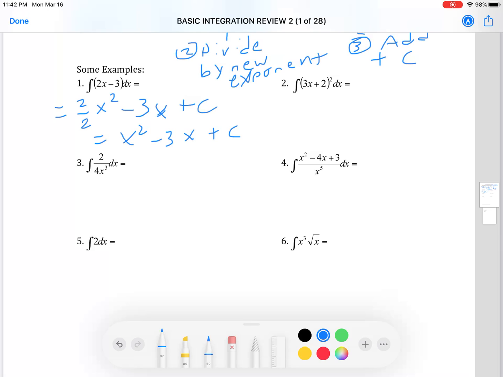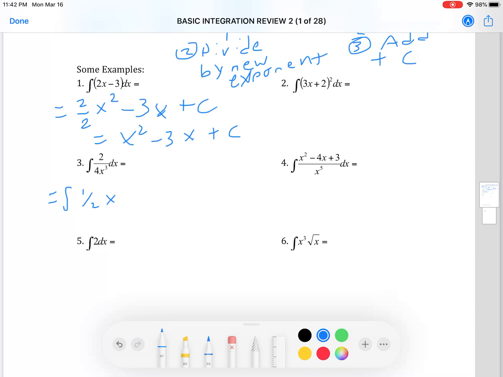I actually want to go to number 3 first, because we may think that this is a big, bad, rational expression, and that maybe we have to go wild and think about some type of reverse quotient rule. But if you have a good knowledge of properties of exponents, we can call 2 over 4 1/2.